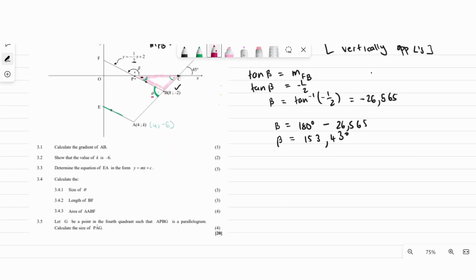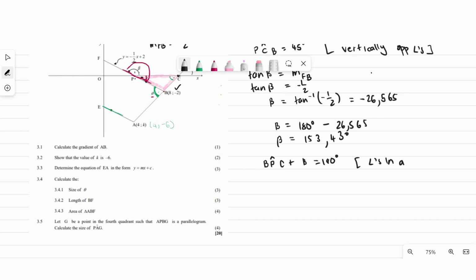If you notice that FB is a straight line, to find this angle here, it's angles on a straight line. So let's do that. It's going to be BPC, which is the angle that we want, plus beta is equal to 180 degrees. And your reason is angles on a straight line.